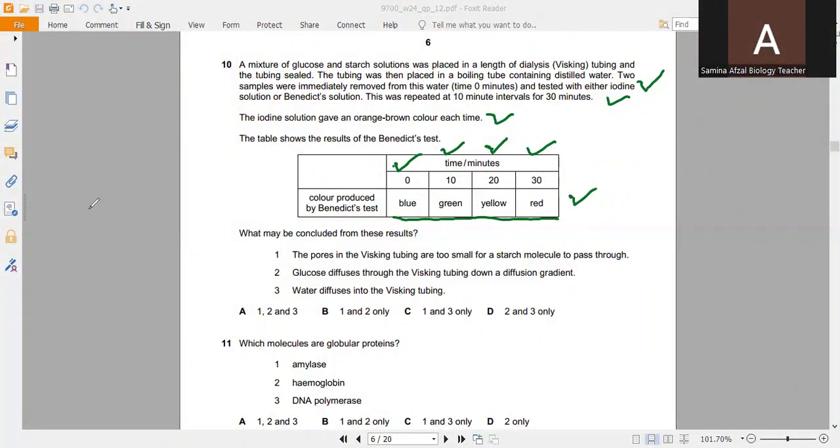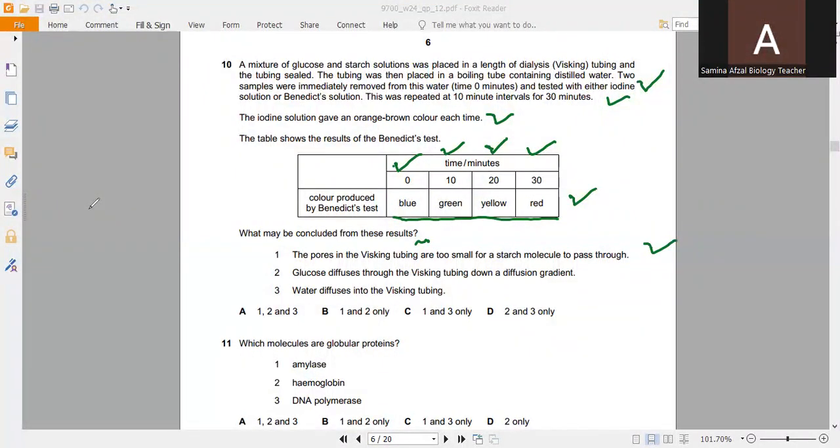So what may be concluded from these results? The pores in the Visking tubing are too small for starch molecules to pass through. So according to this, this is a correct option, because the starch molecules cannot pass through the Visking tubing. So the glucose diffuses through the Visking tubing down a diffusion gradient.